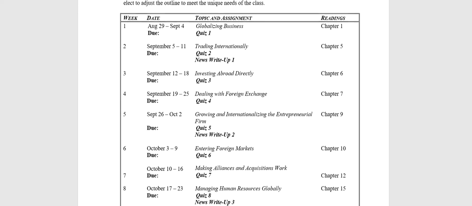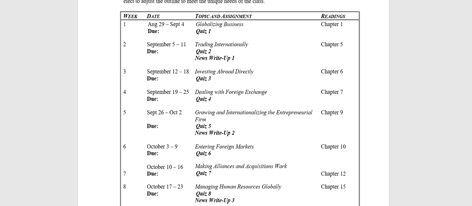Now let's look at the schedule of the class. The very first week is August 29 to September 4th. We talk about the globalization of business, chapter 1, and then you go through the quiz, and then chapter 5, chapter 6, chapter 7, and on the second week you have the write-up here. Then in week 5 you will have a second write-up, and in week 8 the third write-up.